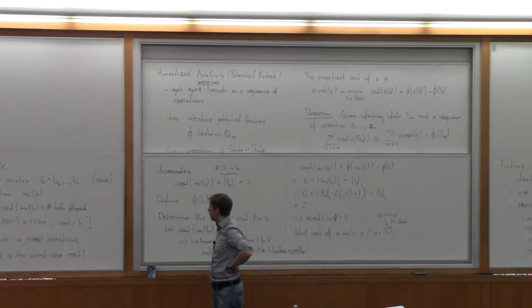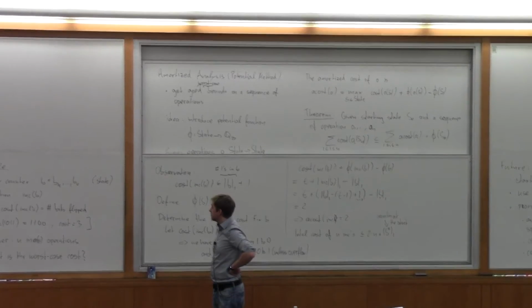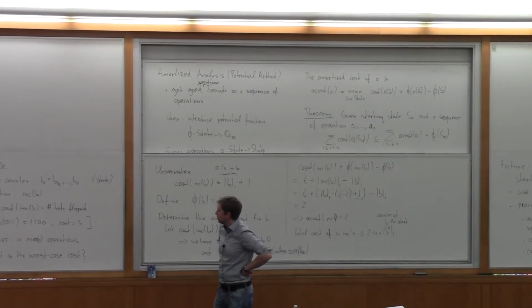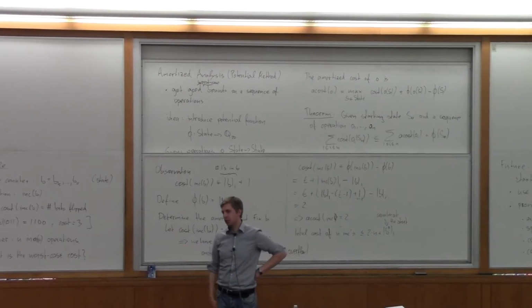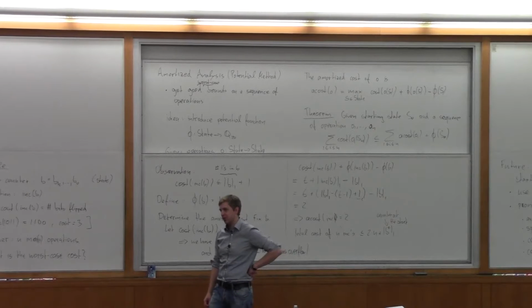It's usually a bit unclear when they do this analysis what the state is. It really depends on your application. This is an informal analysis, so you can make it up. You can define what the state should be.